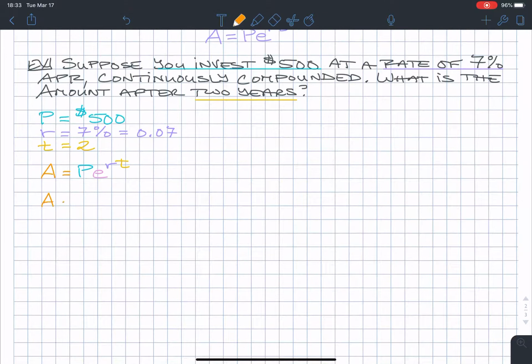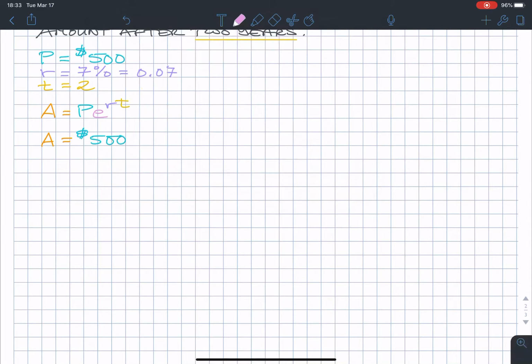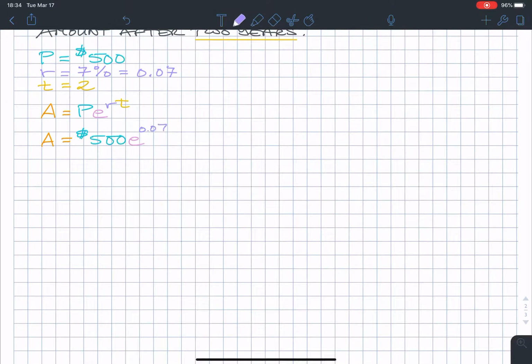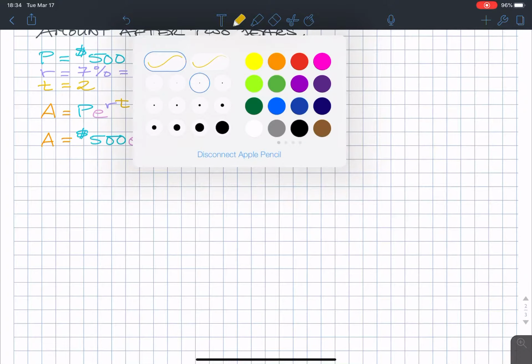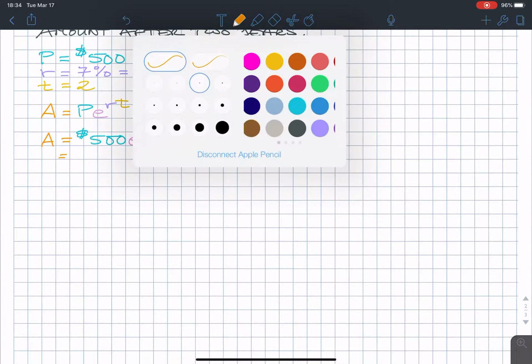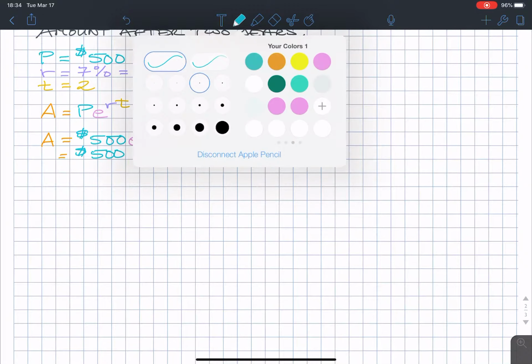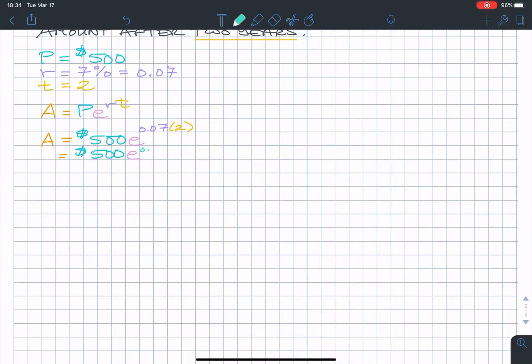So we have the amount will be $500 times E raised to the 0.07 times 2. Otherwise known as $500 times E raised to the 0.14. Right? Because twice 7 is 14.